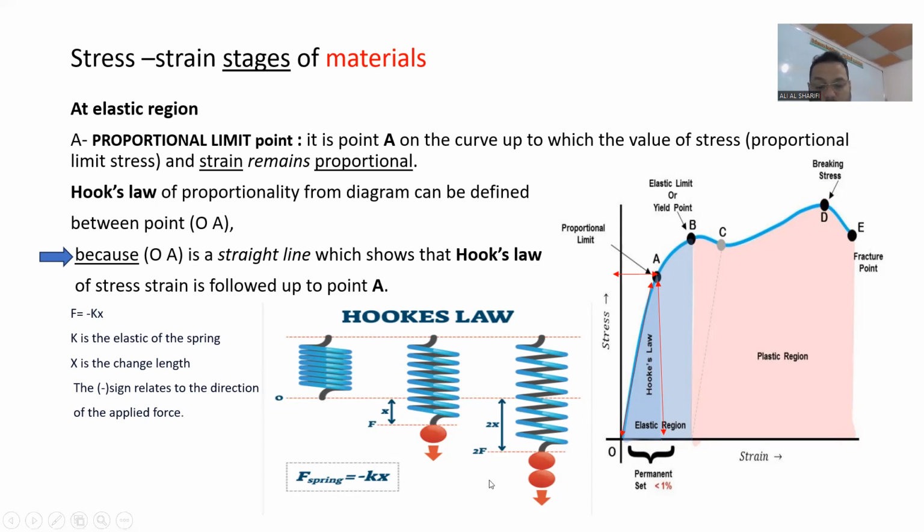That's according to the weight we are using, okay? What is Hooke's law? Let's take a simple idea of it. F, the force in Newtons, equals minus k, the elasticity of the spring or the material, times x, where x is the change of its length.